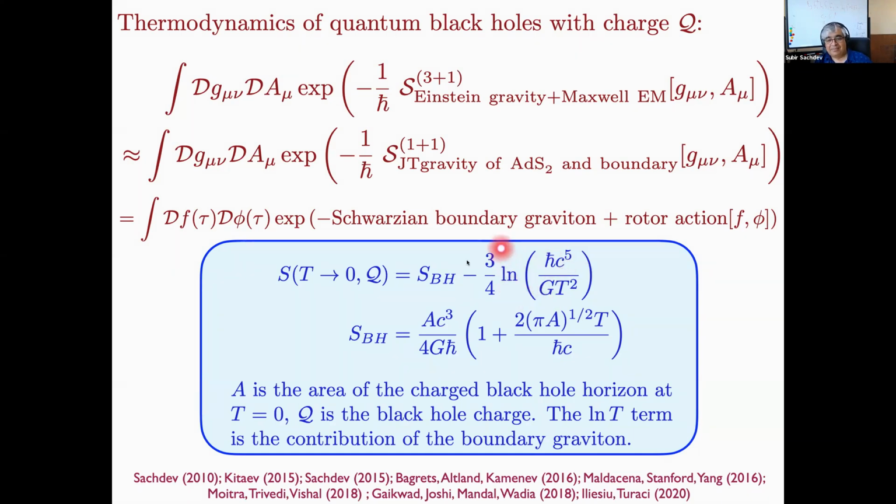But the important point is there's this 3/4 coefficient, -3/4, which is universal. It's a universal property of any charged black hole without supersymmetry. And it's independent of UV completion. So that's why I said in principle, this result could have been obtained in 1978 by a sufficiently smart person.